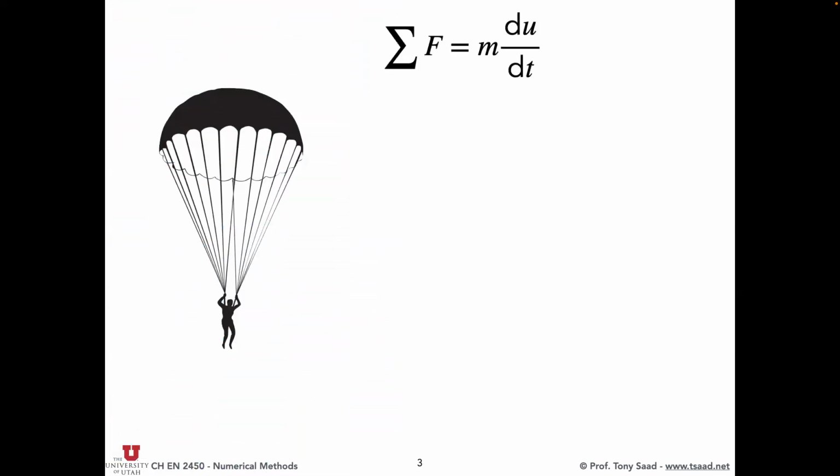Anyway, so this parachutist is coming down through the cloud, and the parachutist is subject to Newton's law. The body and the parachute, this entire structure, is subject to Newton's second law of motion. The summation of forces on this entire object is equal to the mass times the acceleration. u is the velocity, du/dt is the acceleration.